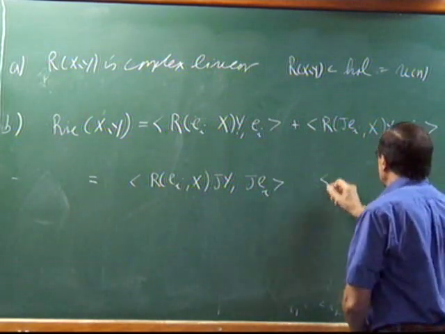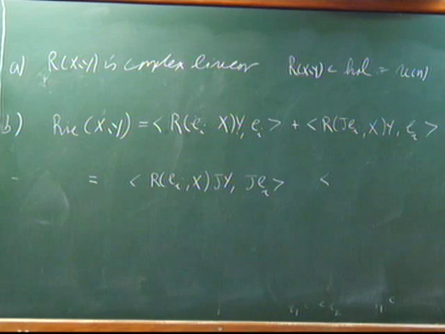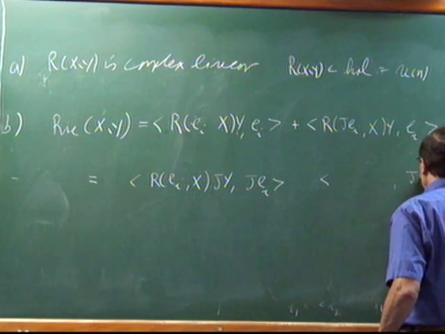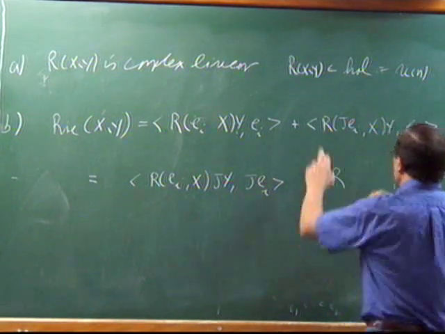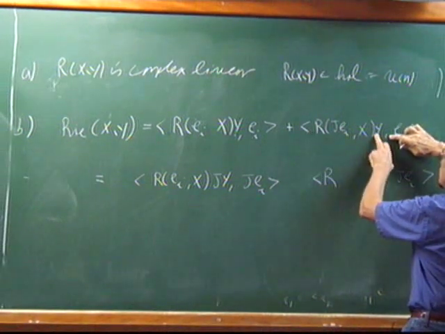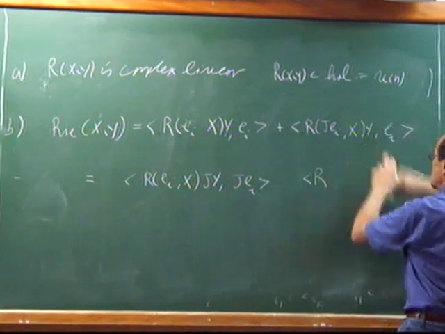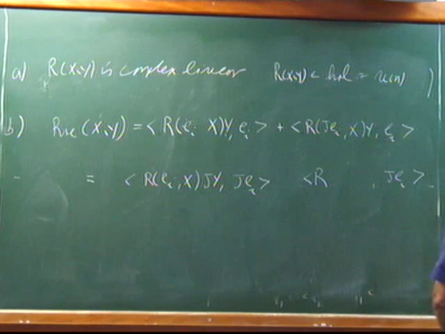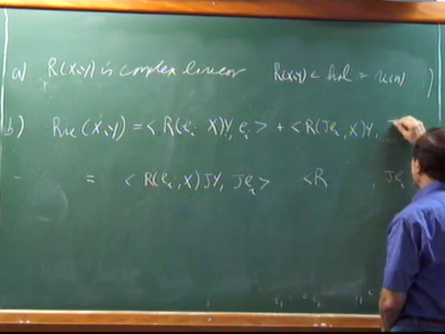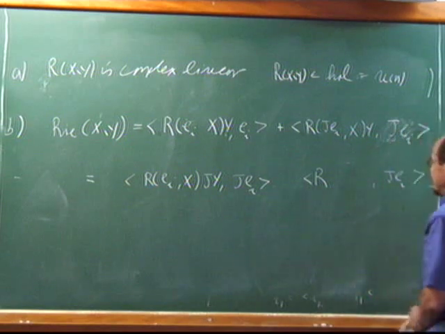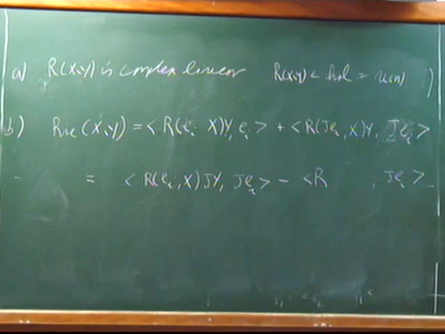And here I do something similar. Multiply with J on both sides, then bring it over here. Use complex linear. Pardon? This here? Here? Okay, you're right. Very good. I thought that something went wrong.